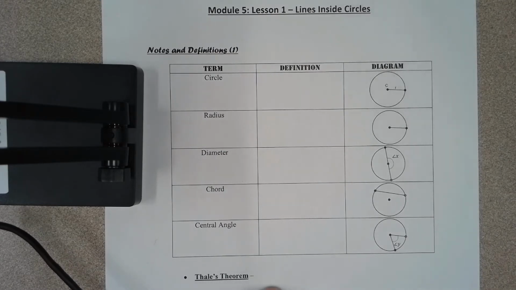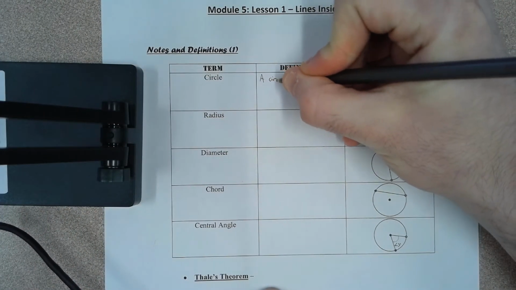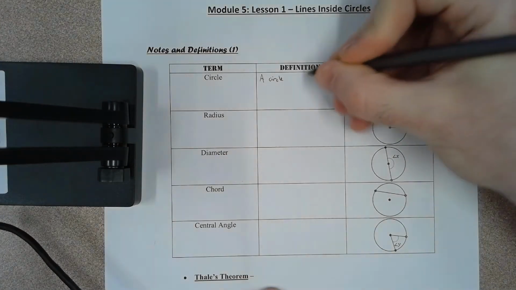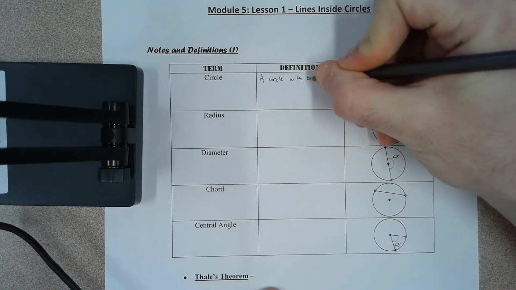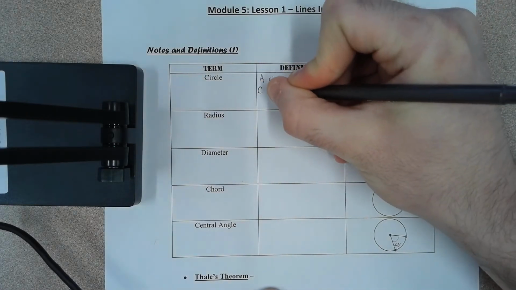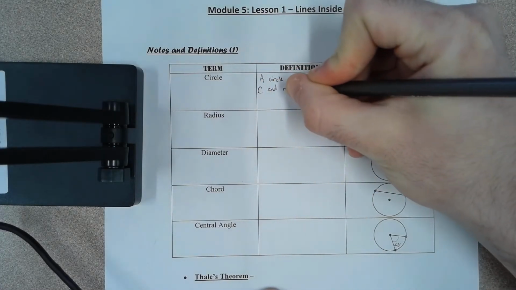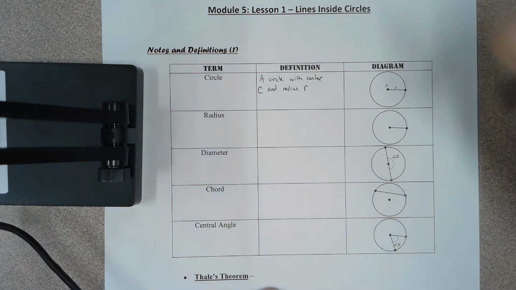So the definition of a circle with center C and radius R, like what we see here.